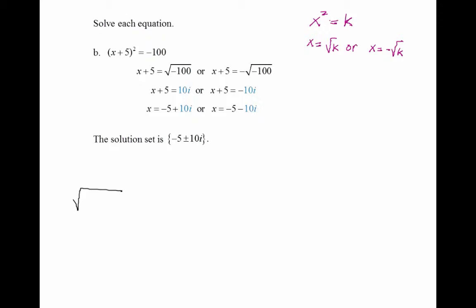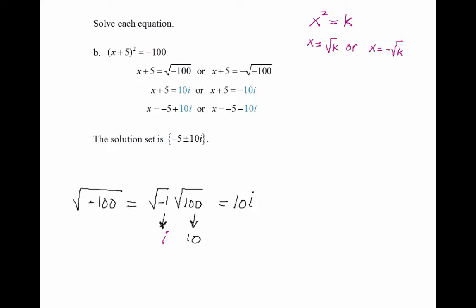So we have a negative under the radical. We need to simplify that. If I have square root of minus 100, this is really the same as square root of minus 1 times square root of 100. So square root of 100 is equal to 10. Anybody remember what square root of minus 1 is equal to? We replace that with i. So this whole thing would be equal to 10i.